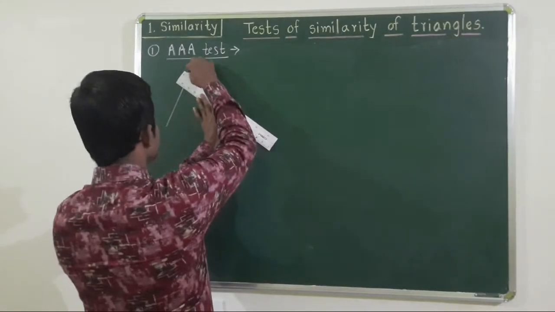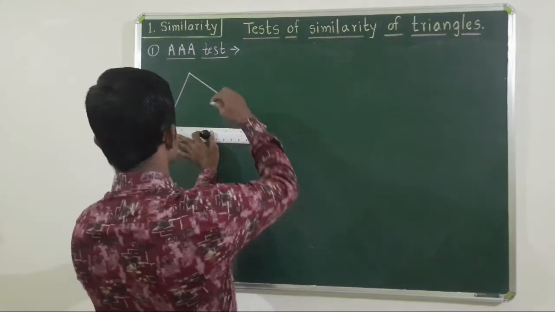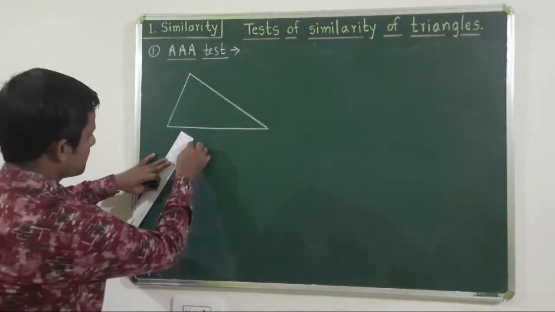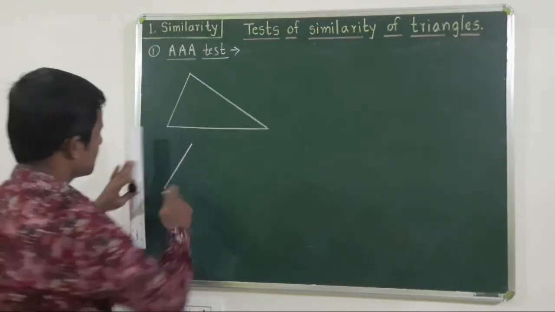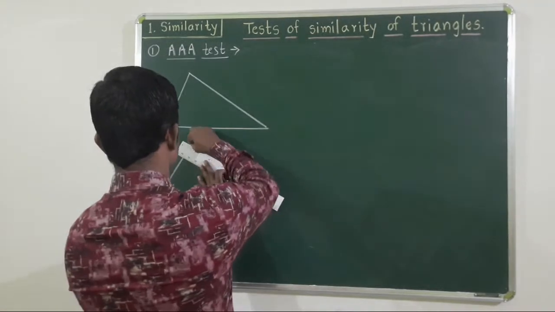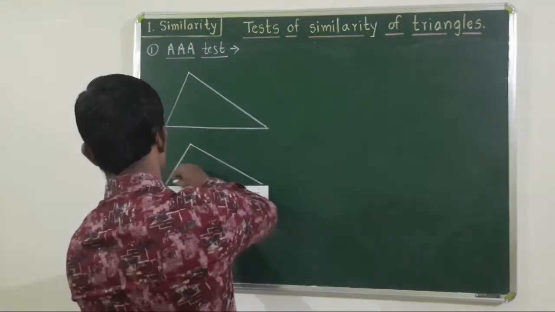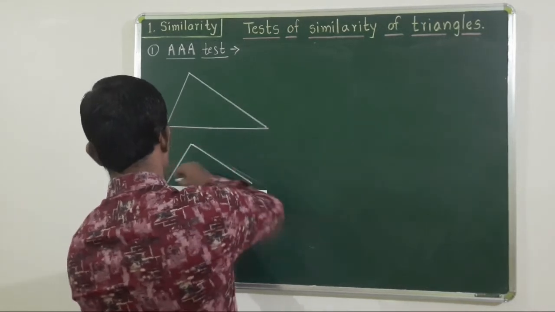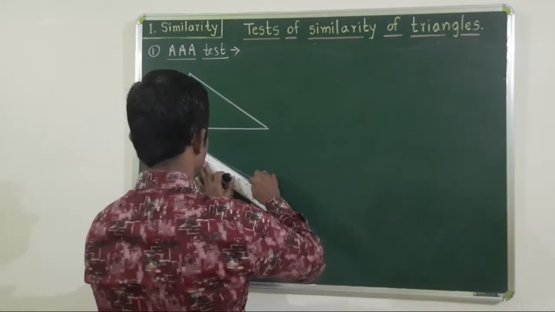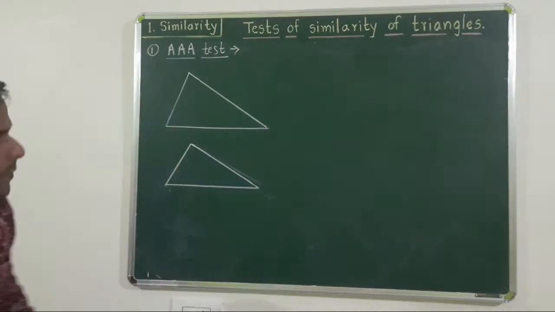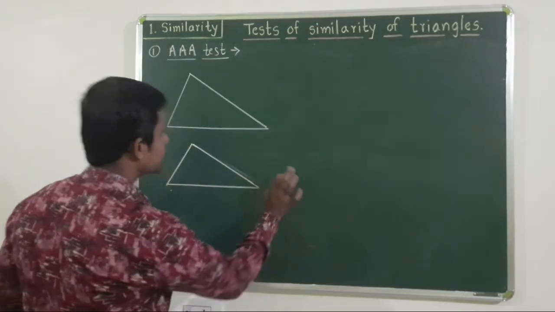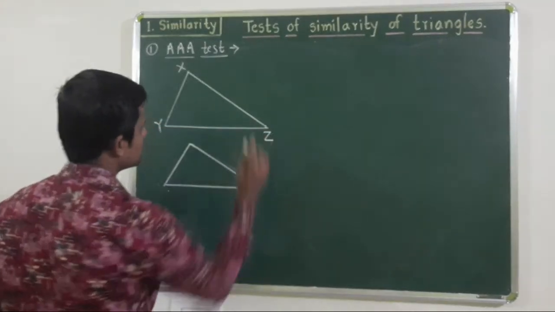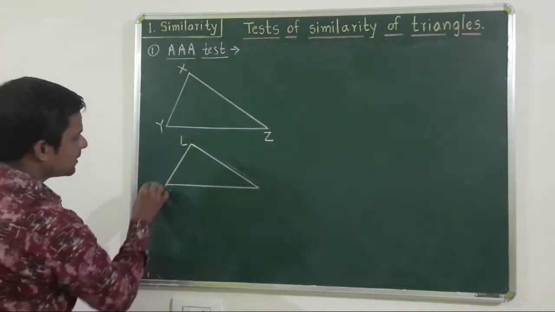Now suppose again there are 2 triangles, triangle XYZ and triangle LMK.